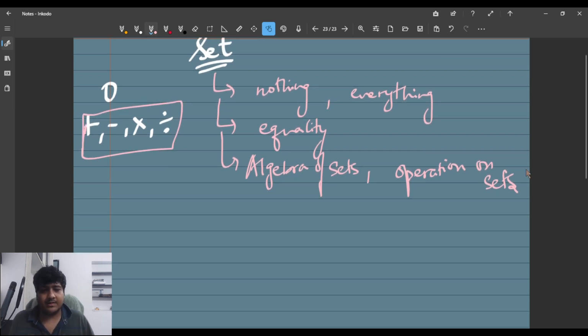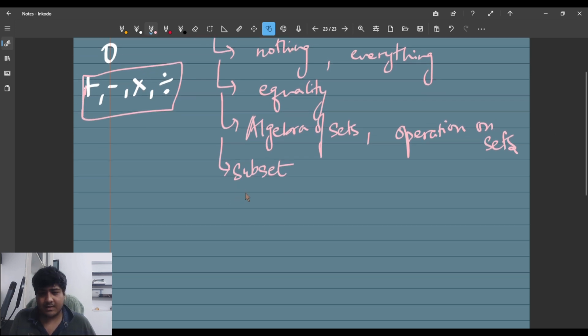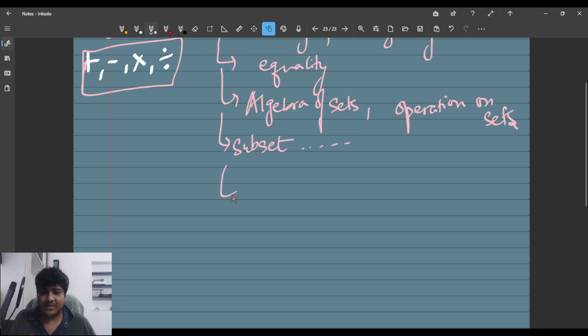We'll be exploring this. We'll look at something called subsets. A lot of you might guess what that may be. That will be a smaller set contained in the bigger set. All that will come after the definition. And looking at the subset, we'll introduce a few more terms there, and we'll look at the representation of sets using Venn diagrams.